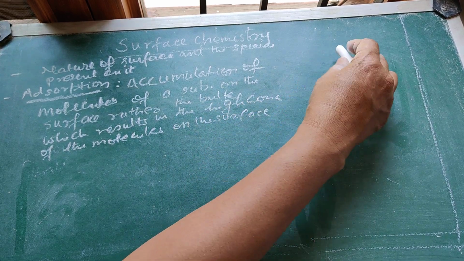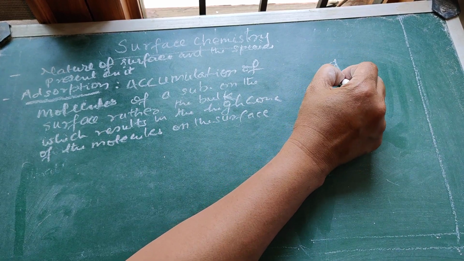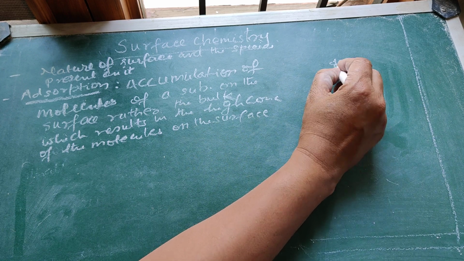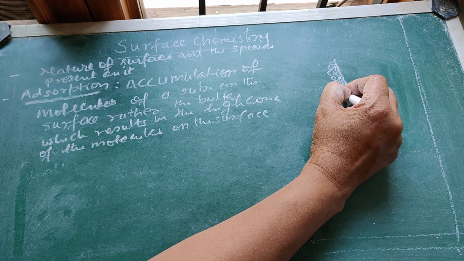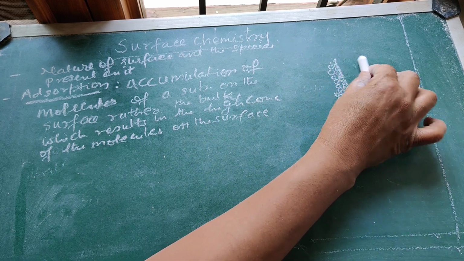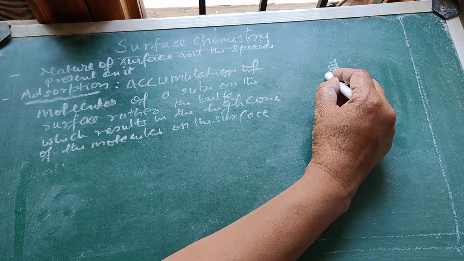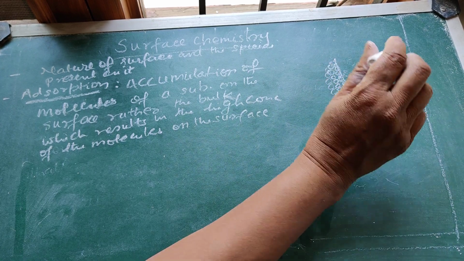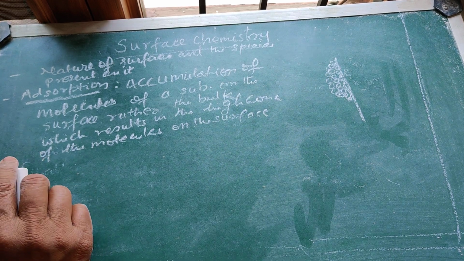So if this is a metal surface, the molecules accumulate over it, and thus the concentration is increased on the surface rather than the bulk; they will not go inside, only on the surface. This is known as adsorption.